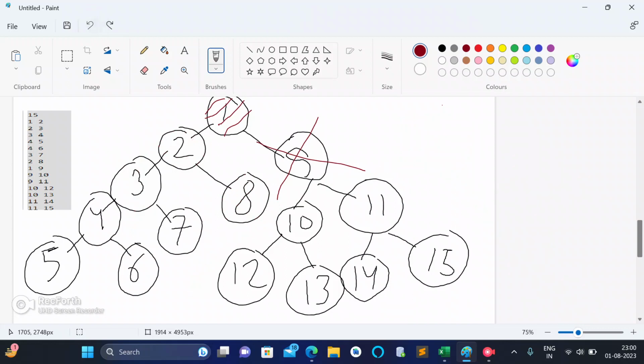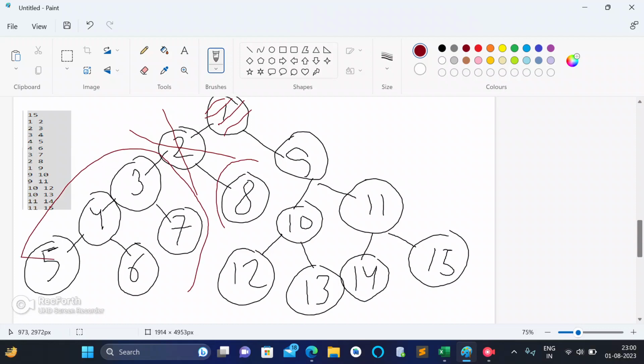So let's change the approach a little bit. Instead of deleting 9 first, let's say we delete 2 first. If we delete 2 first, we can easily say that this section and this section remain safe from infection. So 9 got infected.